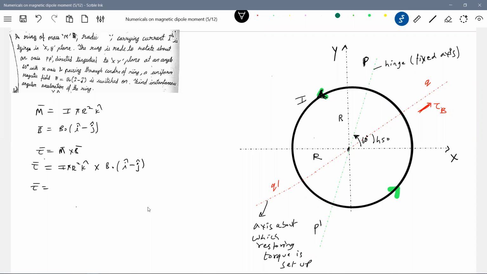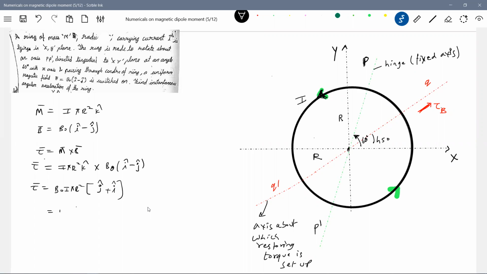K cross I will be J. So this B naught I pi r square, let me bring outside. K cross I will be J. K cross J: J cross K will be I, so K cross J will be minus I. So this will become plus I cap.